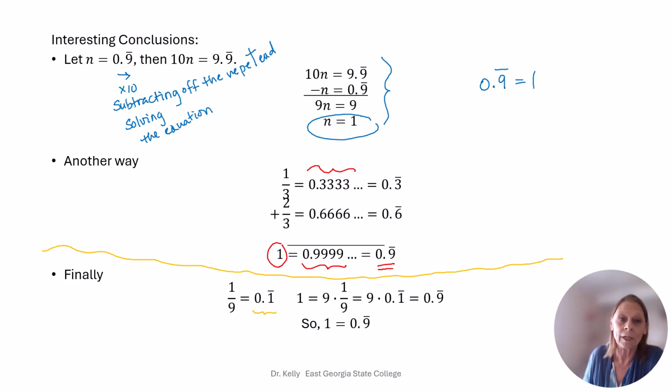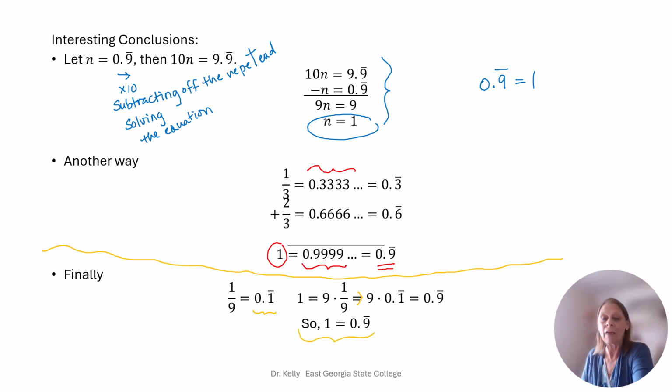So 1 is equal to 9 times 1/9. We know that, right? Because 9/9 is equal to 1. So 9 times 0.1 repeating is equal to 0.9 repeating. So this all works. So 1 is equal to 0.9 repeating.